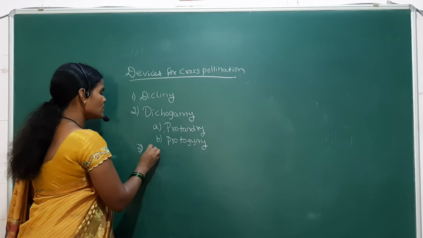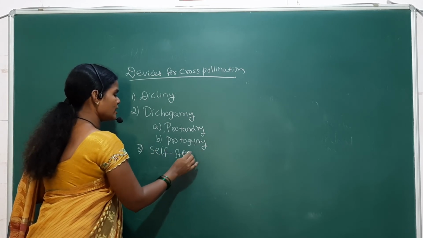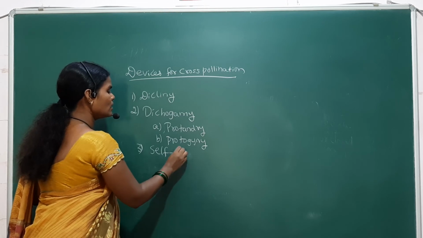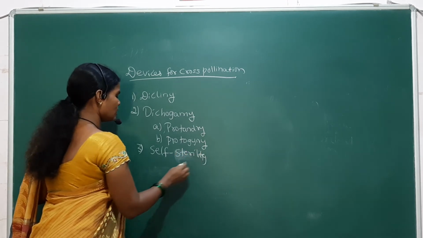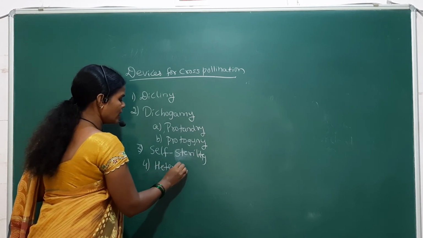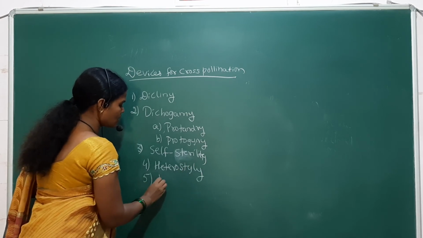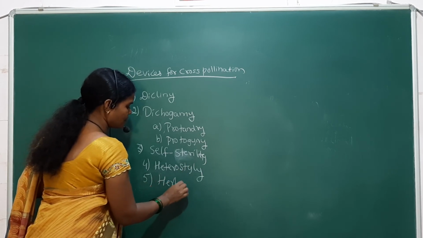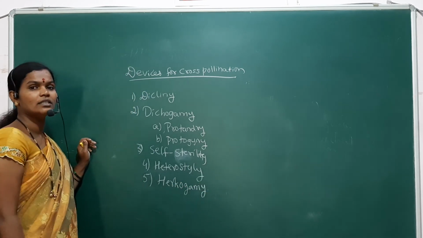The third one is self-sterility. The fourth one is heterostyly. And the fifth one is hercogamy. These are the 5 outbreeding devices.